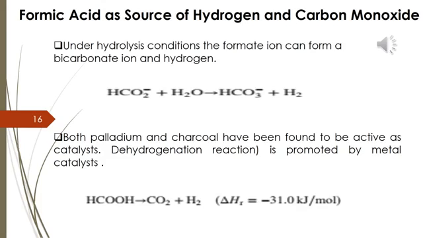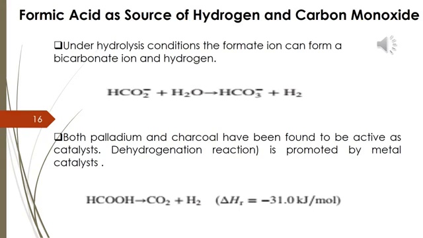So when the proton is removed from formic acid and formate is formed, whenever this formate is hydrolyzed, it will give hydrogen gas. Both palladium and charcoal have been found to be active as a catalyst.